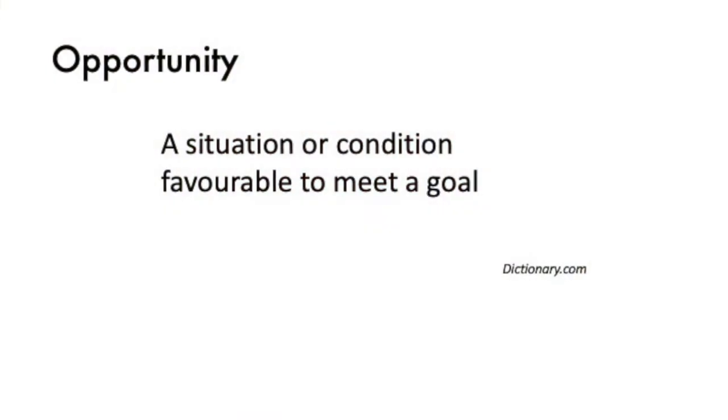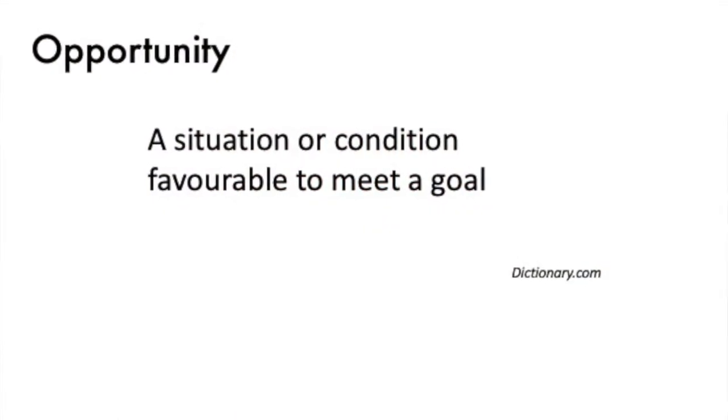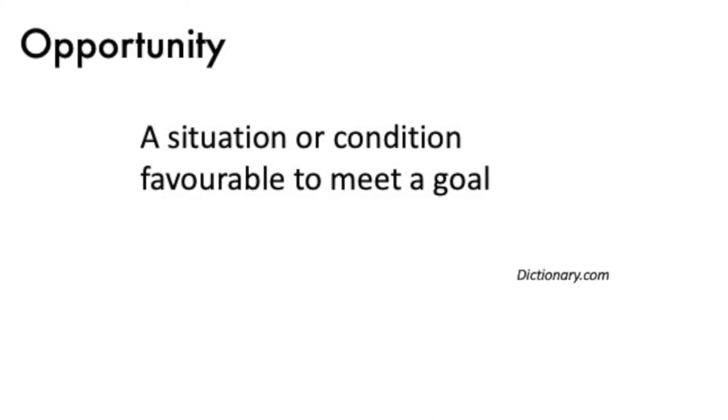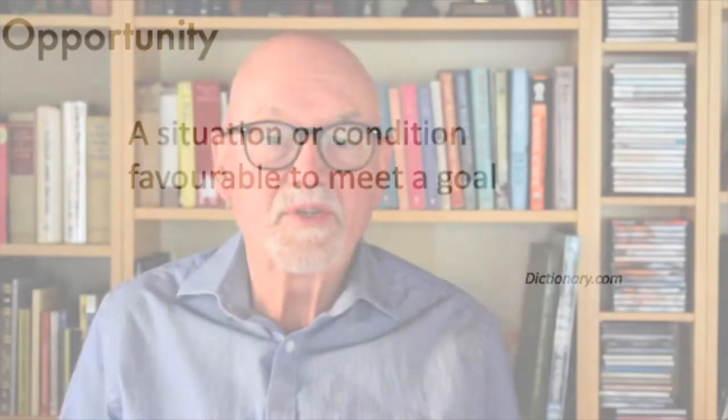The other side of the risk coin is the opportunity, and that's a situation or condition favorable to meeting a goal. And it's important that when we approach this issue of risk management, we do so strategically or logically, in a sort of process approach, if you will.